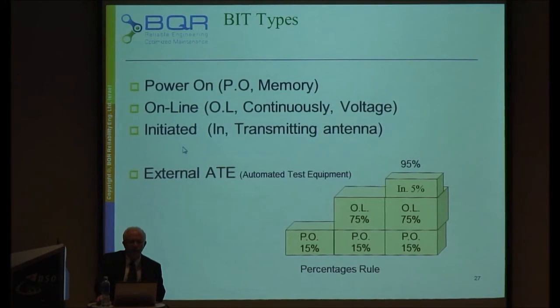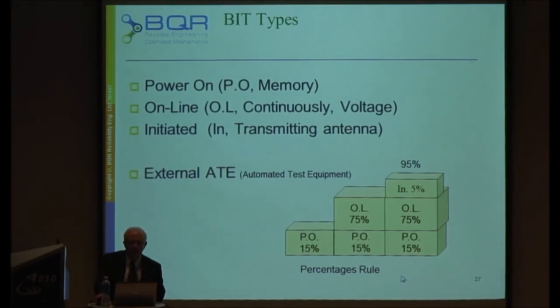Initiated means someone interferes with the system, pushes a button, and initiates a test. In this case, you cannot do that when you have a transmitting antenna. If you have transmitters, it's very difficult to perform an initiated test during operation. You need to do that before. And of course, what you cannot detect in the built-in test, you do with external automatic test equipment.